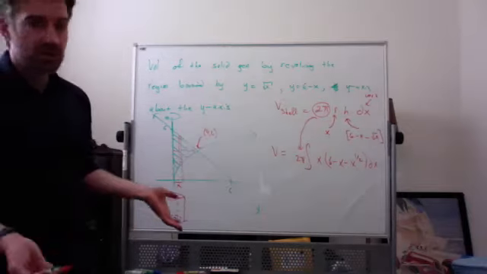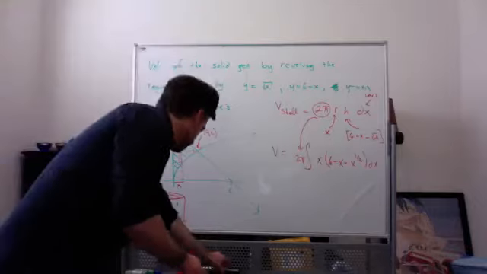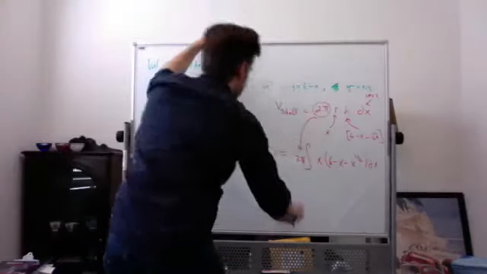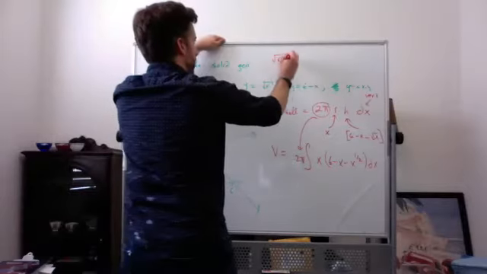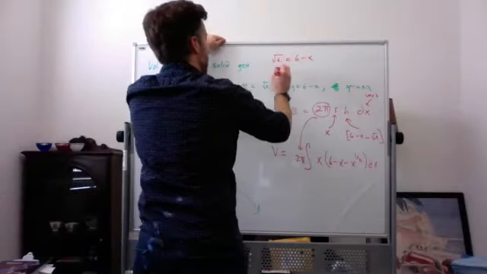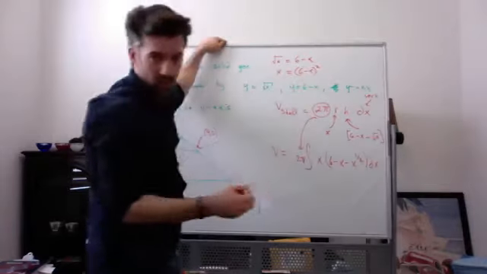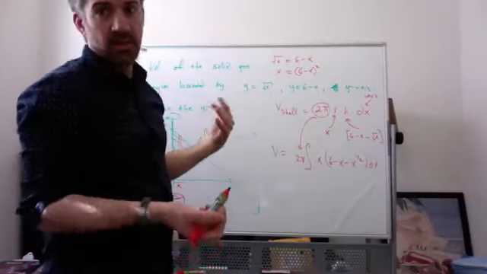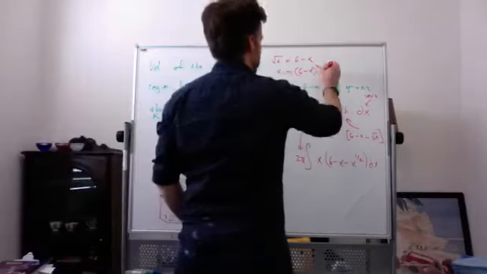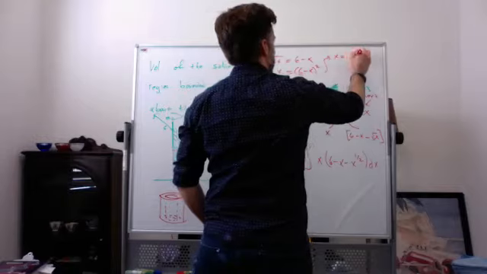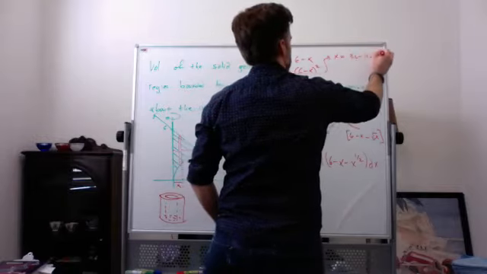You could also do it by setting them equal to each other, right? I'm going to erase it here because I don't really need this. You could totally set the square root of x equal to 6 minus x, and then square both sides, and do the whole solving a quadratic, which is fine. It's not the best, but you're getting x equal to 36 minus 12x plus x squared.